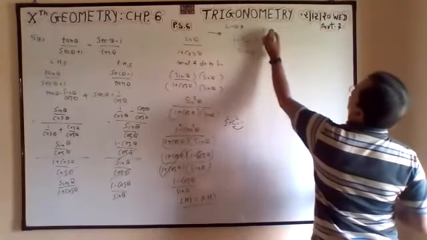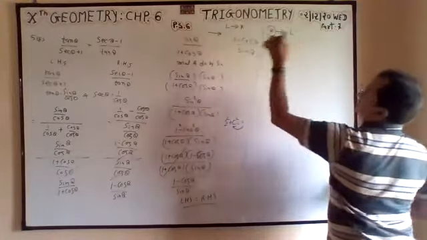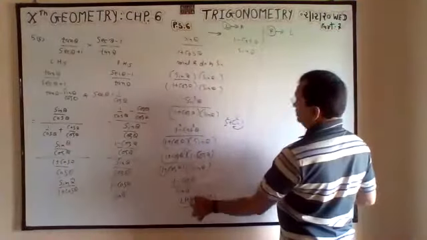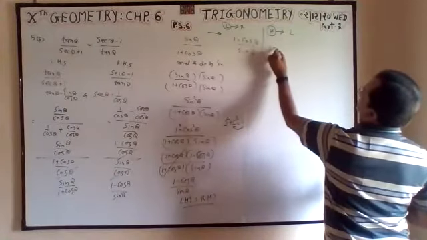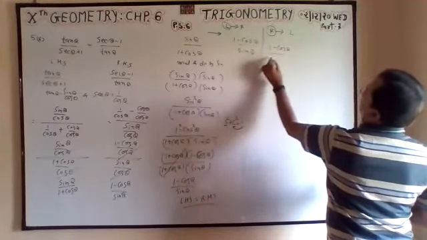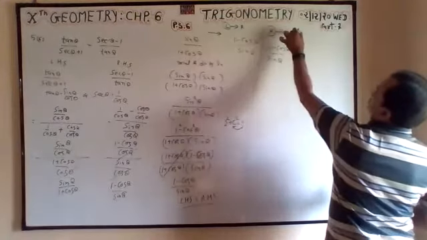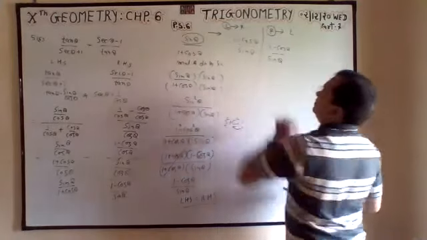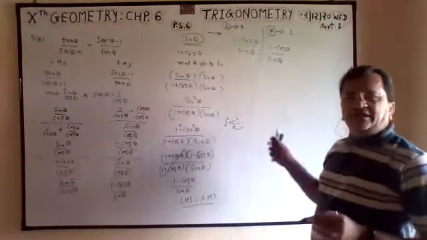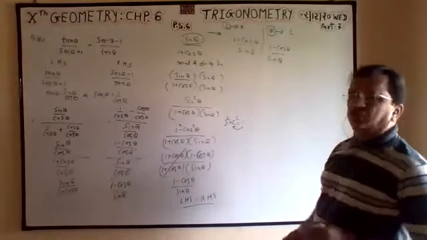Now I will do from right is equal to left. Here I have started with left and proved it is equal to right. Now I will start with right. I want to prove this. Left means what? In that numerator is sine. Here no sine in numerator.